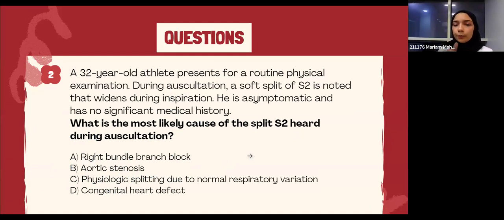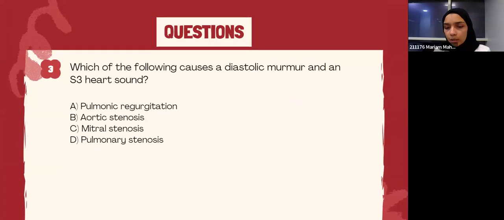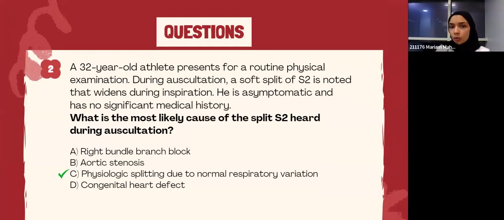So the pulmonic valve will close later than the aortic valve because the ventricle needs more time to empty. So it's physiological splitting due to normal breathing variation. And we said that the pathological one does not widen during inspiration.